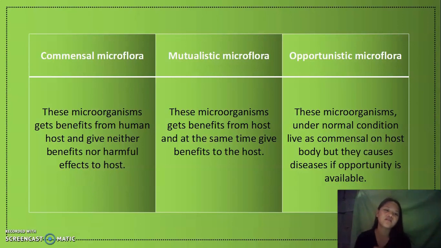So, the commensal microflora are microorganisms that get benefit from the human host and give neither benefits nor harmful effects to the host. On the other hand, the mutualistic microflora are microorganisms that get benefit from the host and at the same time give benefits to the host.